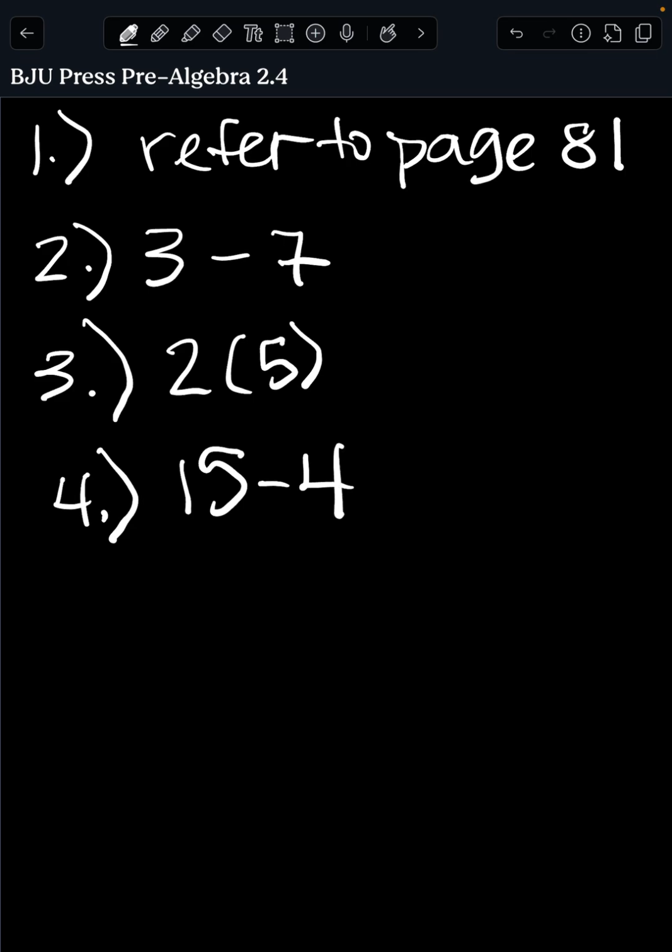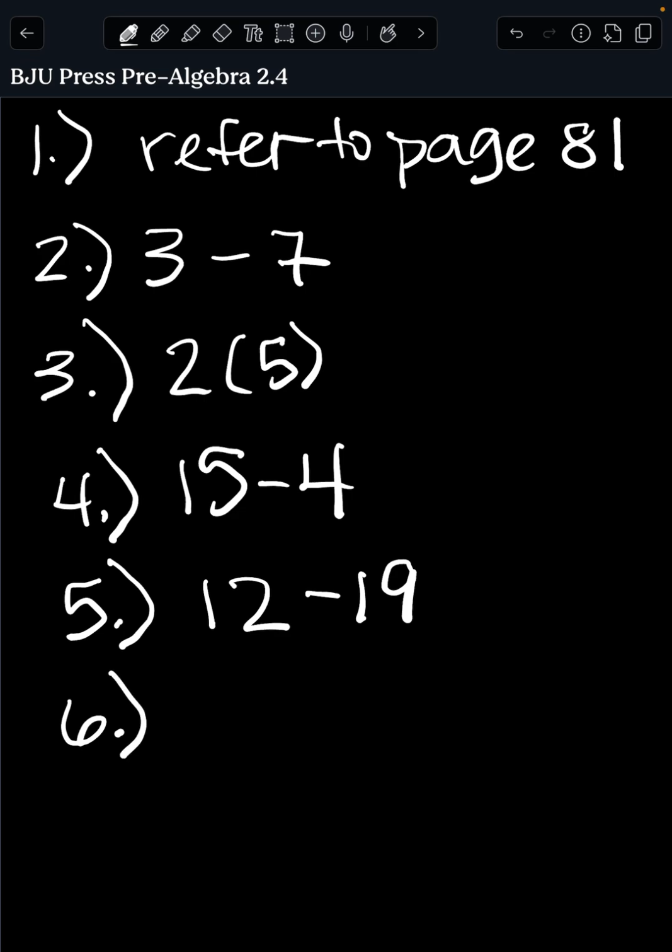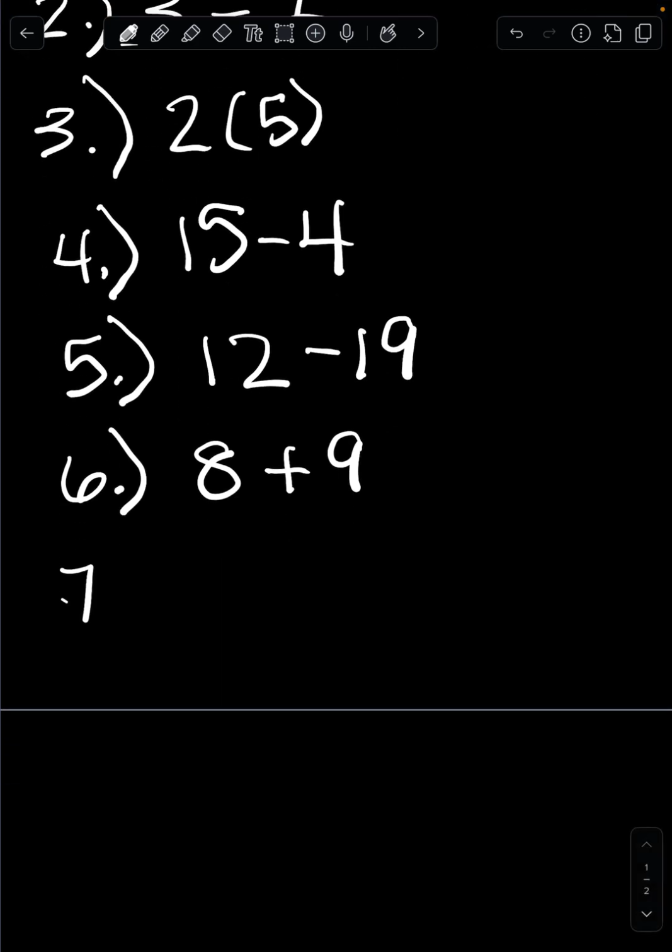Different than number 2. Number 5, 12 decreased by 19. So decreased would be minus: 12 minus 19. Number 6, 8 increased by 9. So this would be adding: 8 plus 9.